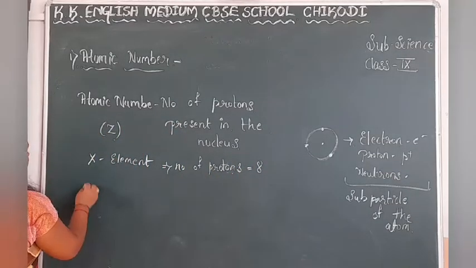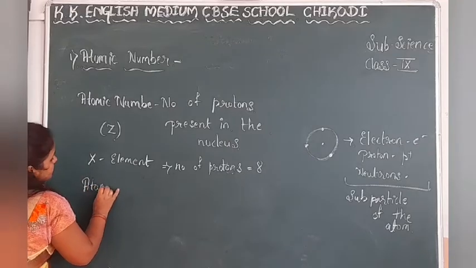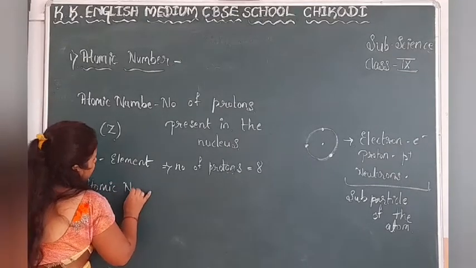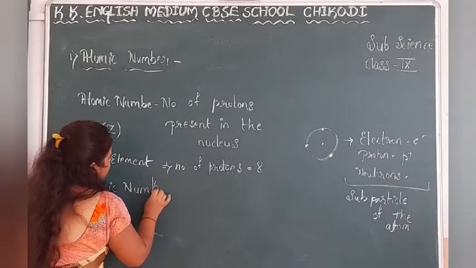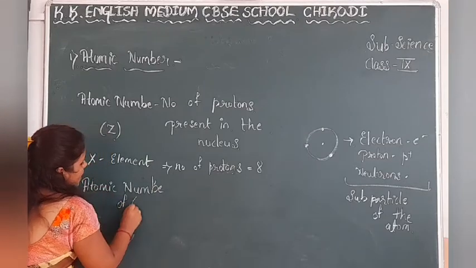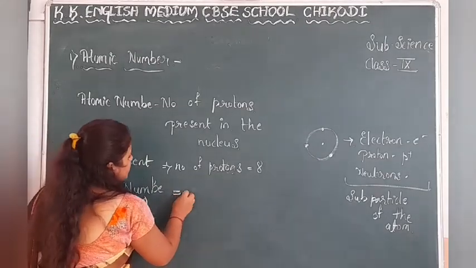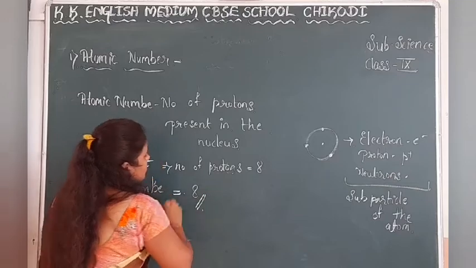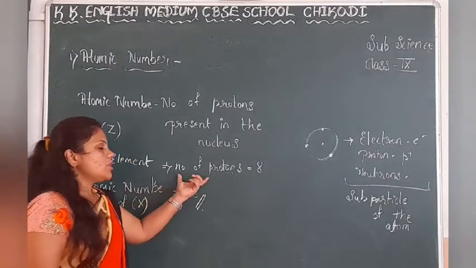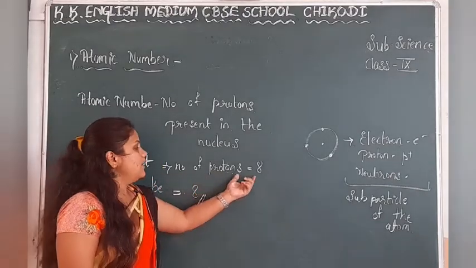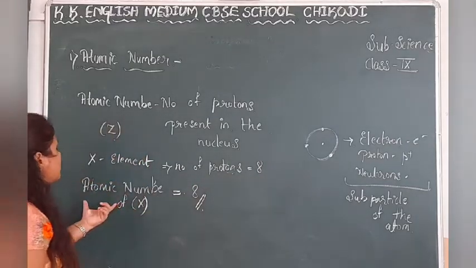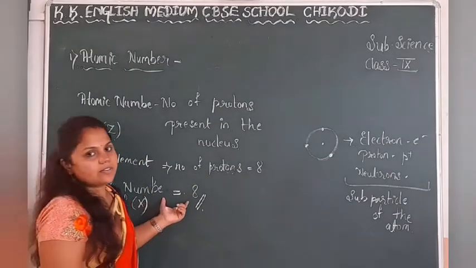Then what will be the atomic number? The atomic number of X is equal to 8 itself. Why? Because the number of protons is 8, so that's why the atomic number is 8 itself.